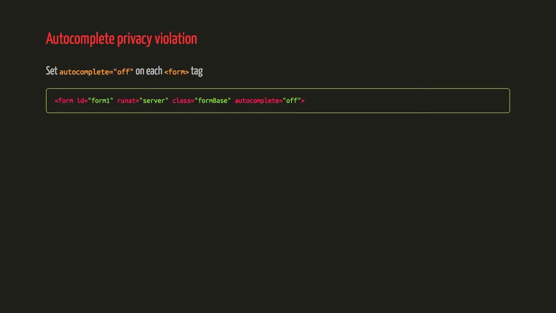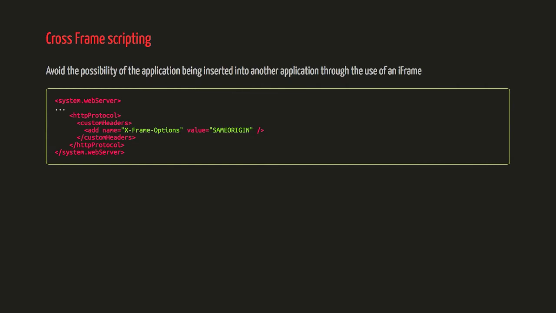Regarding sensitive data and contents protection, a possible problem can be autocompletion in forms, which is a privacy violation. Autocomplete is set to off for new projects. Otherwise, you have to set autocompletion off on each form tag inside your application. Another possible problem is represented by cross-frame scripting.